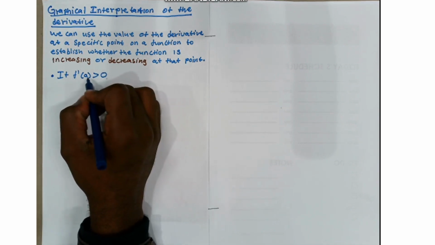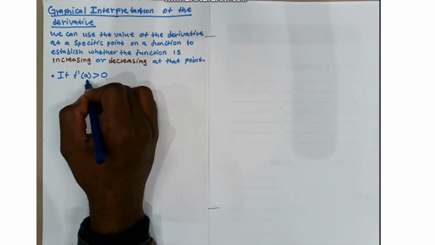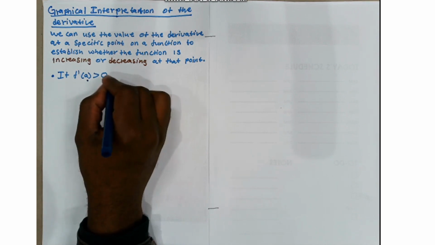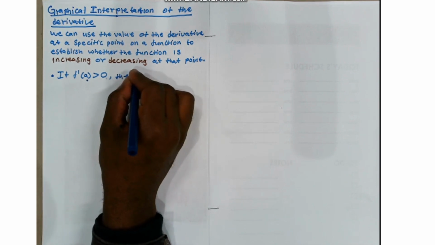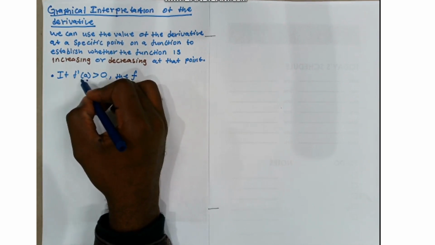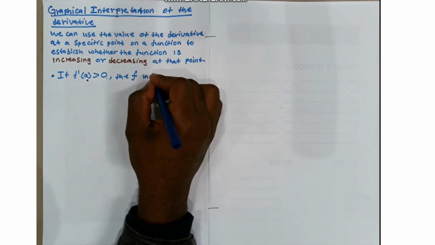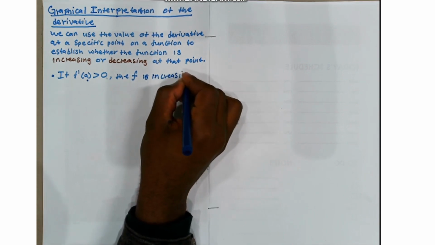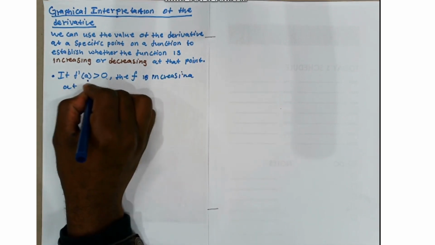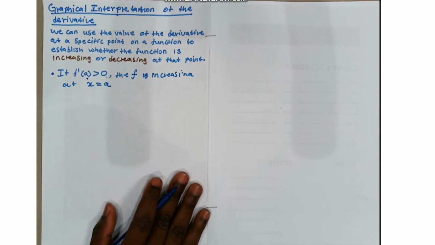It means that f prime of a is positive. Then our function f, remember we are using f prime, which is the derivative, but we're interpreting what the function f is doing, is increasing at x is equal to a. Hope you understand that one.